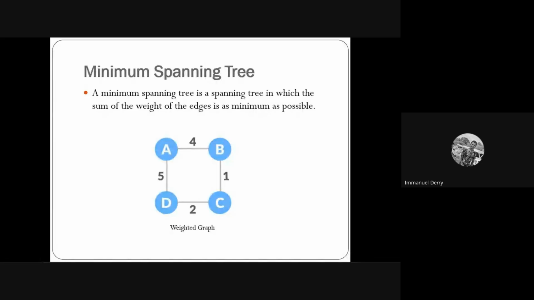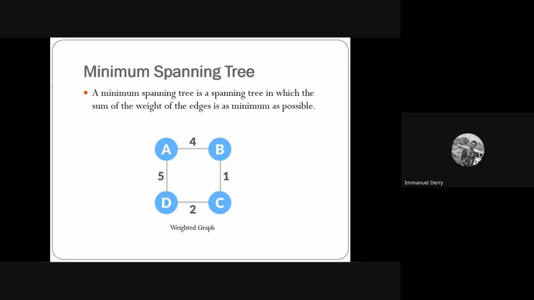When we talk about minimum spanning tree, it's a spanning tree in which the sum of the weight of the edges is as minimum as possible. Earlier we said that the spanning tree can have either weight or no weight. But if we are talking about a minimum spanning tree, it means the tree must have weight assigned.